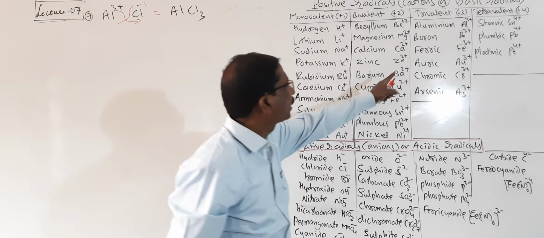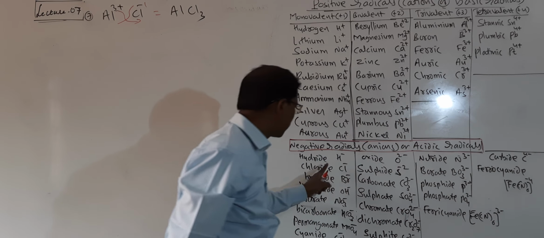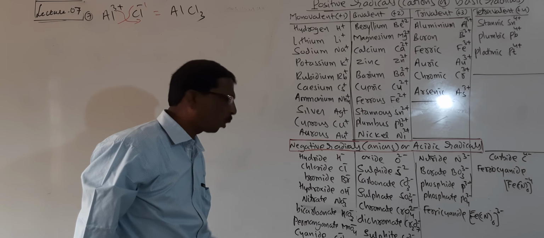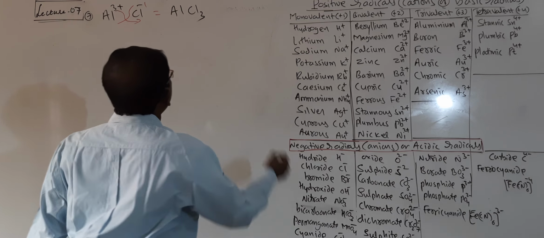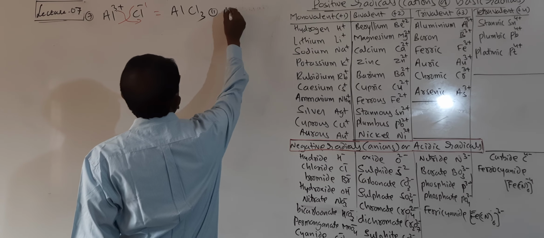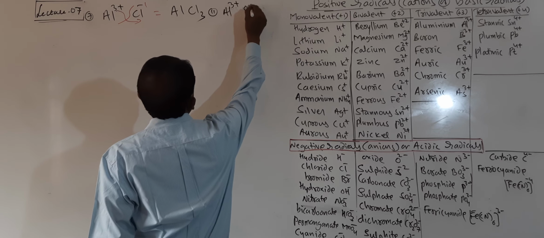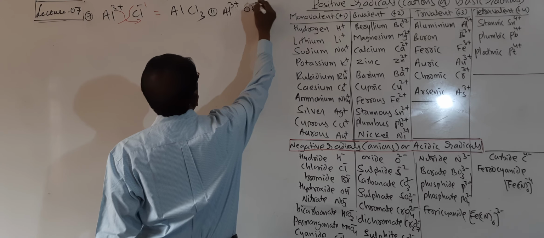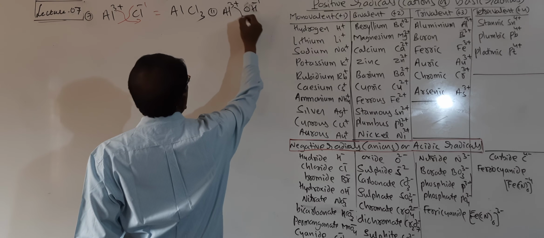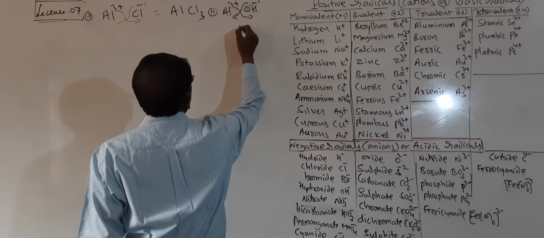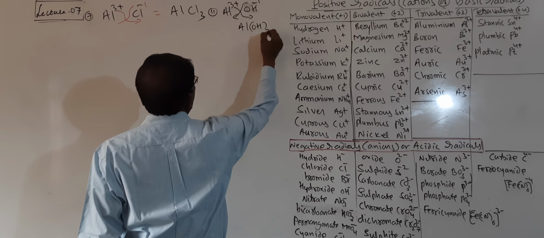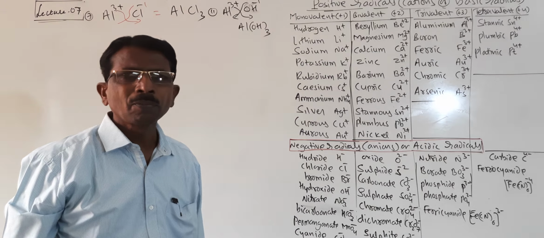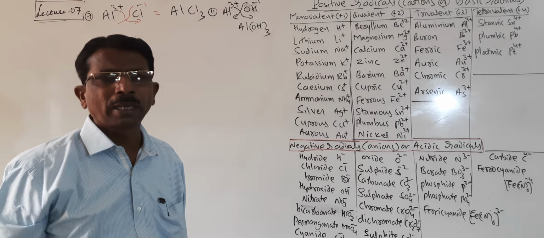You may write another example. You may take the hydroxide also. Aluminum hydroxide. Al3 plus, OH minus 1. When both are cross multiplied, you will get Al(OH)3, aluminum hydroxide. Simultaneously you have to name it.